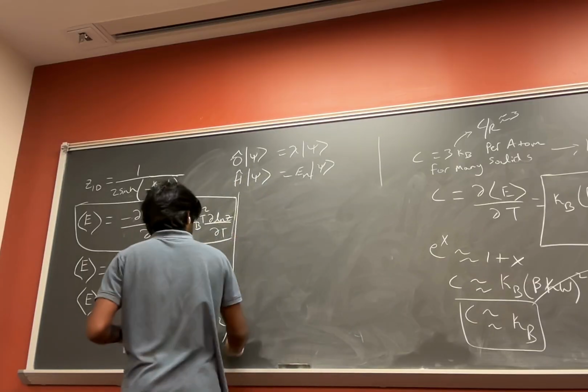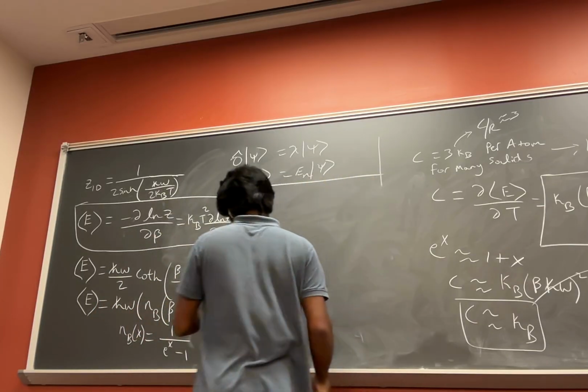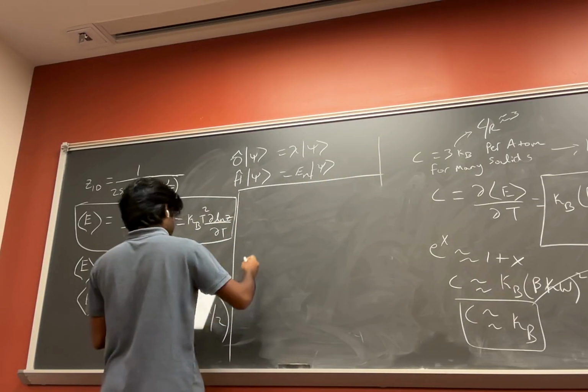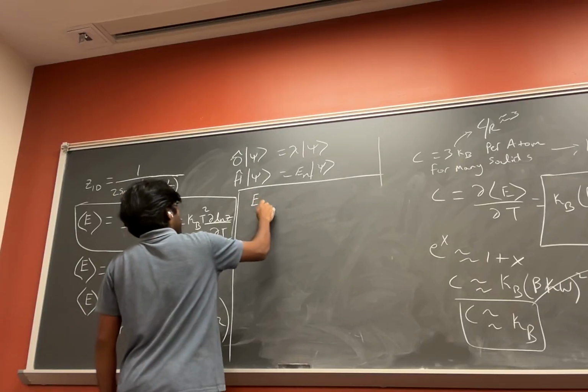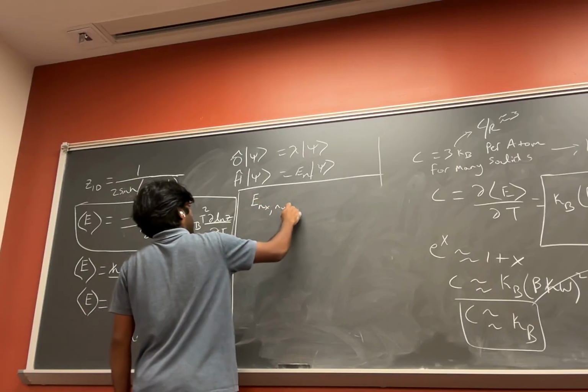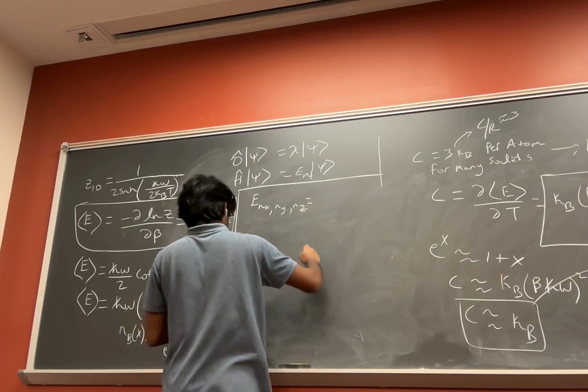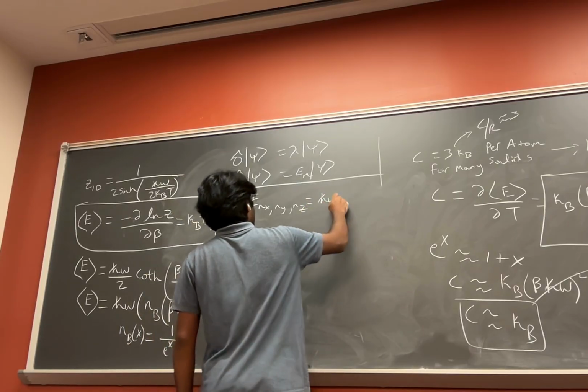So when we generalize this to 3 dimensions, the energy equals h bar omega times nx plus a half, plus ny plus a half, plus nz plus a half.